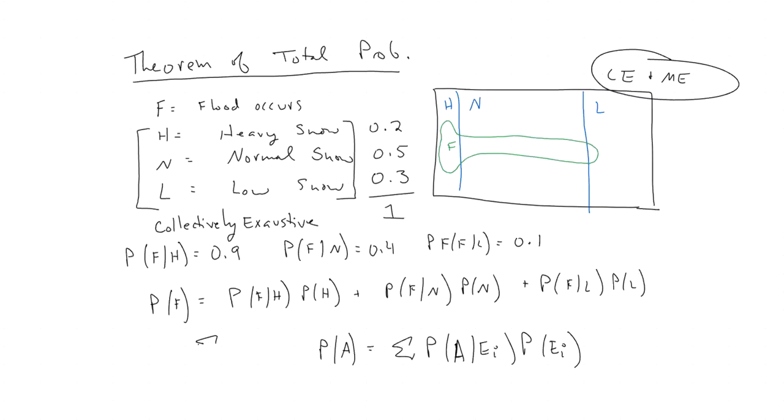In this case, we have three events, H, N, and L, that are collectively exhaustive, and we're trying to find the probability of flooding.